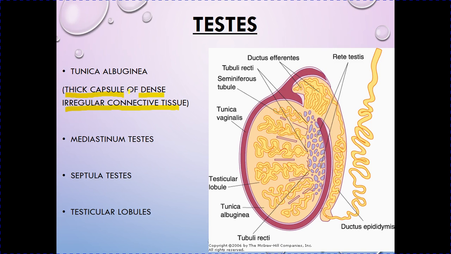This thick capsule is called tunica albuginea. Now we will look into the figure. This is the tunica albuginea, the capsule of the testes, made up of dense irregular connective tissue.